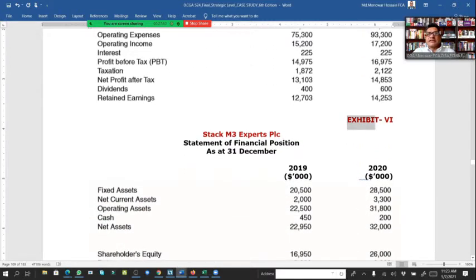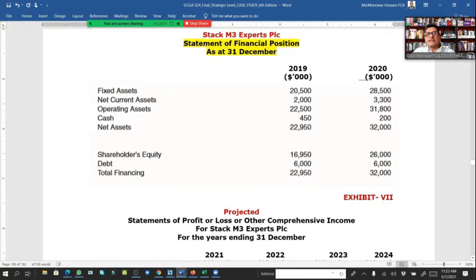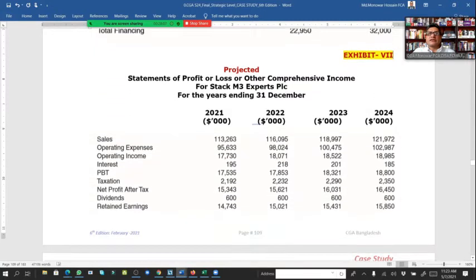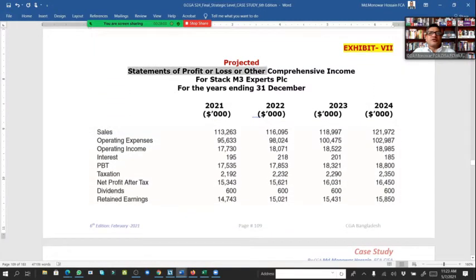So here exhibit 6 is saying a statement of financial position, the same way for 2019 and 2020, and now the projected exhibit. So a statement of profit and loss and other comprehensive income of Estate M3 Expert for the year ended 31st December is the projection for the next years.